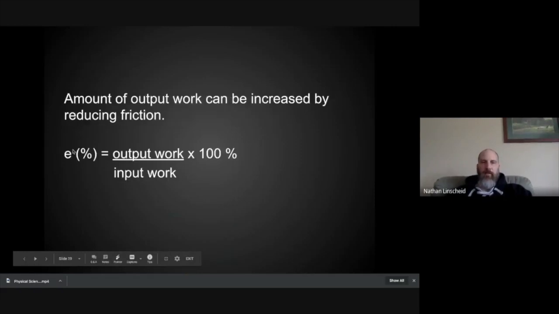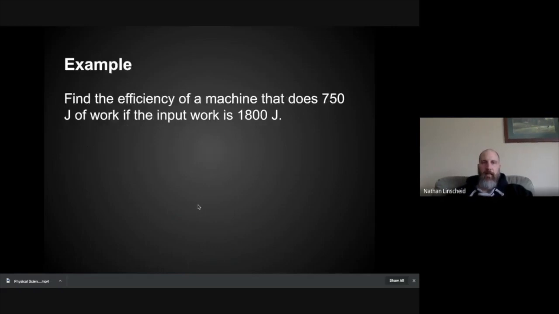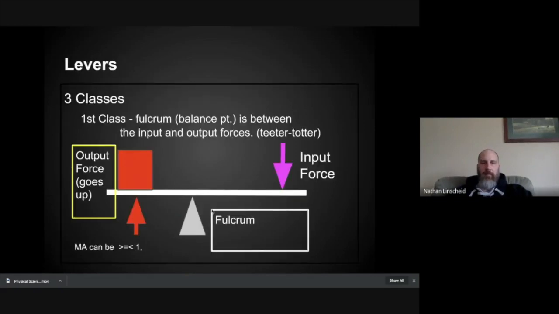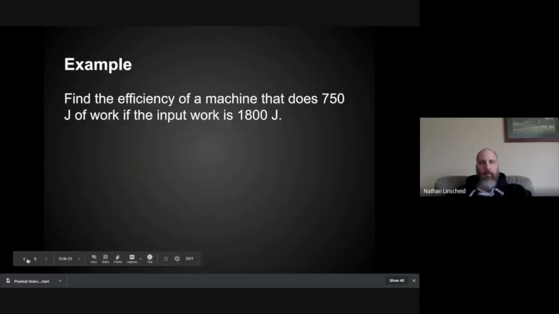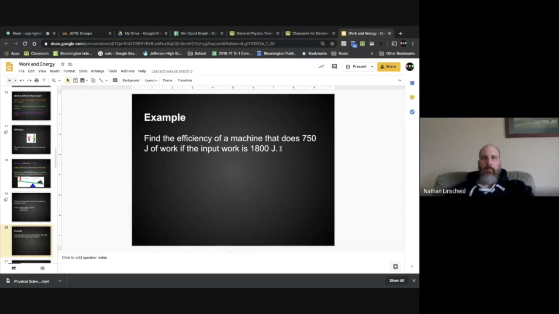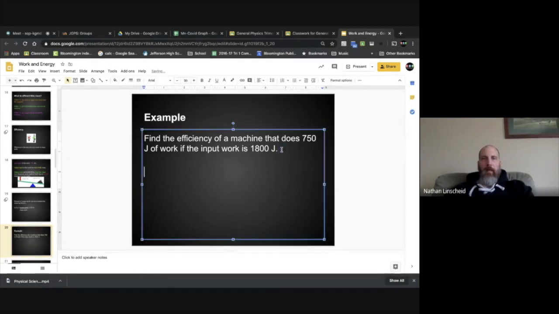So to figure out the efficiency of a machine, we take the output work, divide it by the input work, and then multiply that by 100%. Efficiency is expressed as a percentage. So for example here, find the efficiency of a machine that does 750 joules of work.